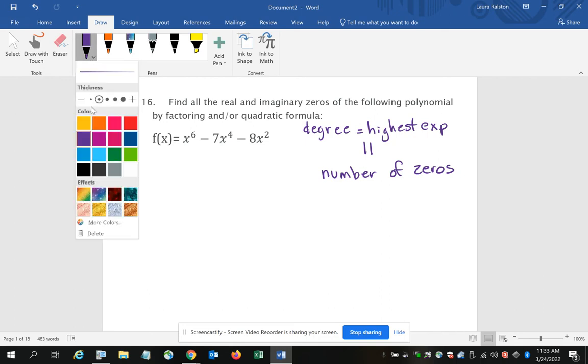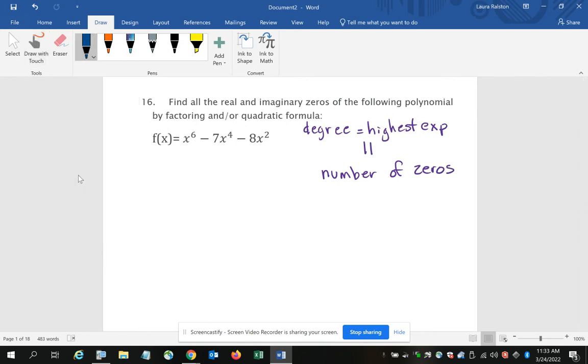Furthermore, in looking at the polynomial itself, I realize that I have a common factor, so I'm going to use factoring. I have a common factor of x squared, and so then I have x to the 4th minus 7x squared minus 8. We have it set equal to 0 because we're trying to find the zeros and solve for x.